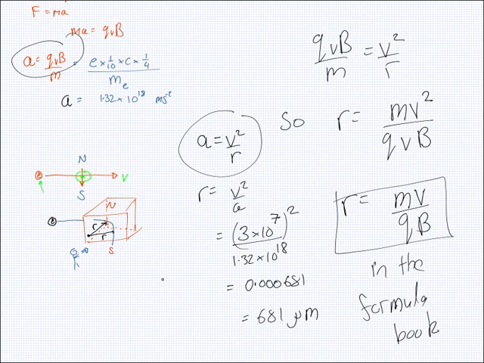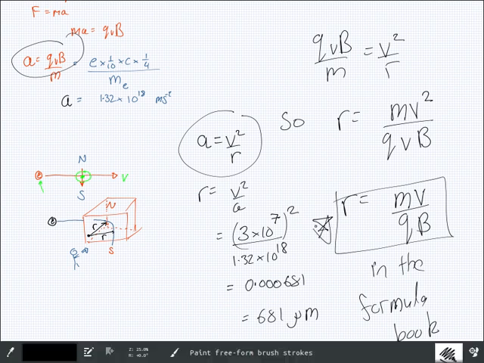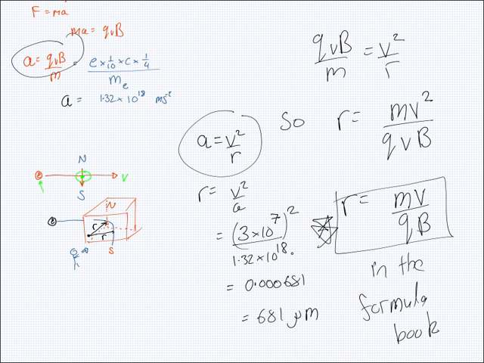So if you want, you can just use this formula. If you just use this formula, you get the same answer. That's fine in the exam. In the final exam, we will get a physics formula book. It's different from the mid test, where we just had one page.